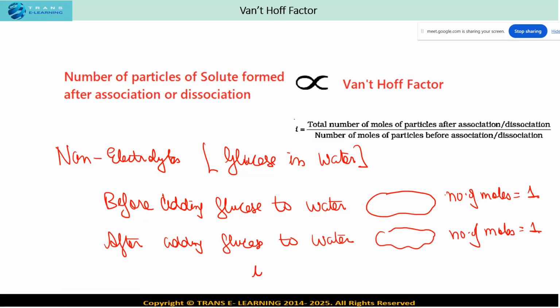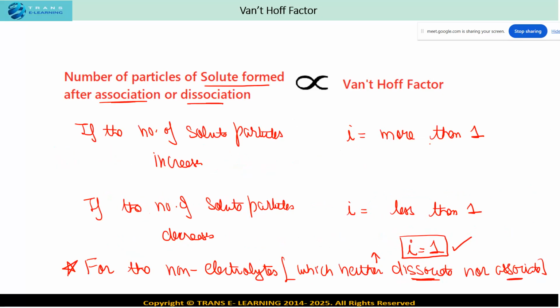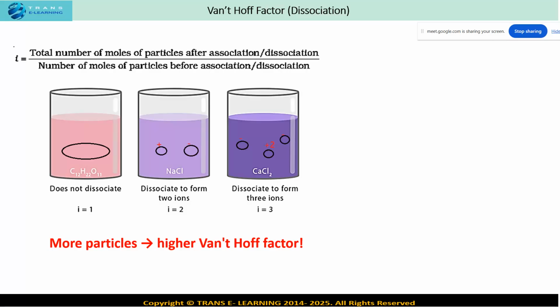So the Van't Hoff factor is the total number of moles of particles after dissociation, that is 1, over the number of moles of particles before dissociation, which is 1. So the Van't Hoff factor will be 1. We take this as a benchmark. Now, when the number of particles increases, the Van't Hoff factor is greater than 1. When the solute particles decrease, the Van't Hoff factor is less than 1. Let us understand this with the help of examples.